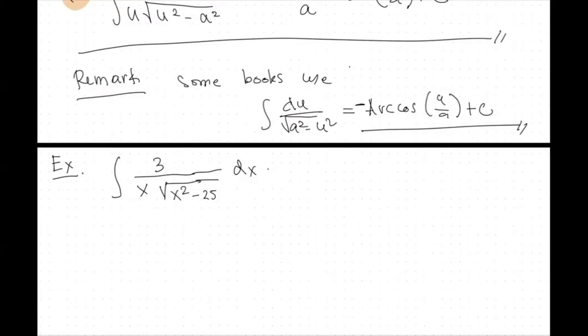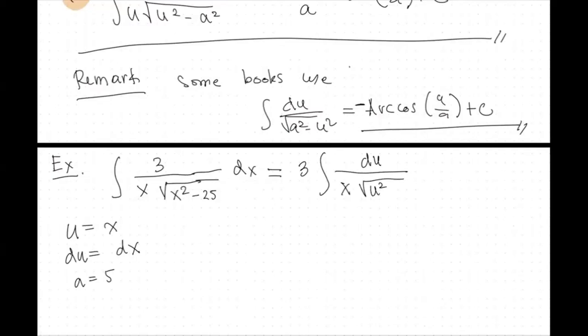So the substitution that we will do is the following. We will have u be just our x, and du is just dx. Our a here is 5. So it will be 1 over a times arcsecant of u over a. You can put this in terms of u, but actually you can answer directly. So here we get 3 over 5.